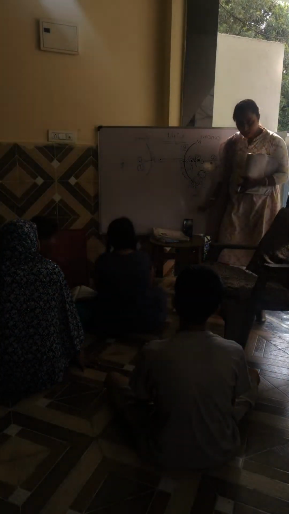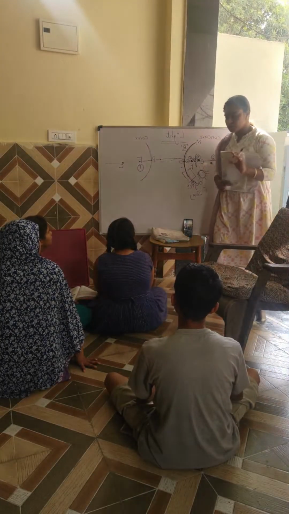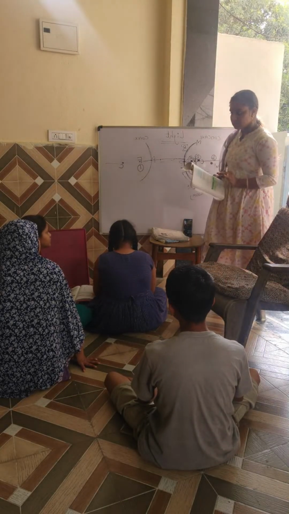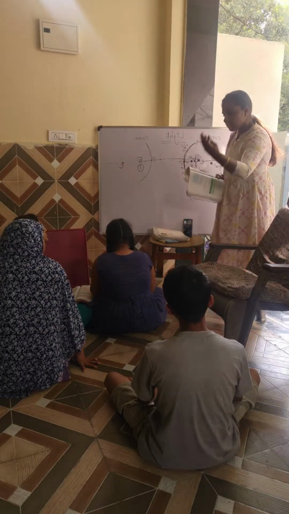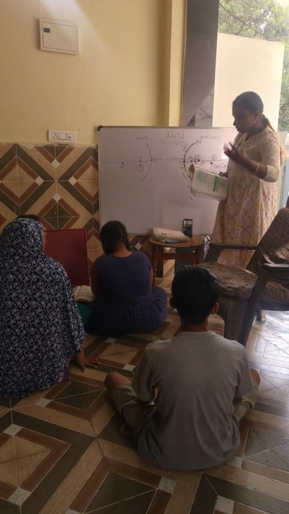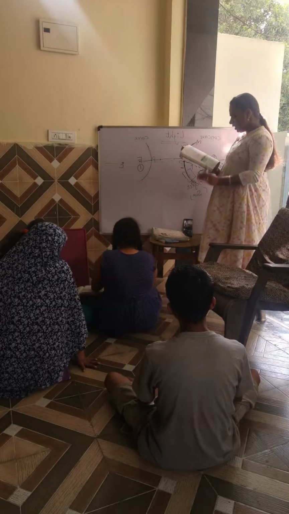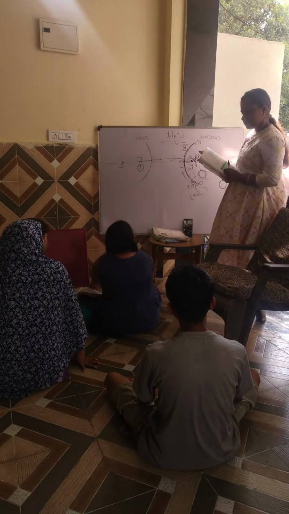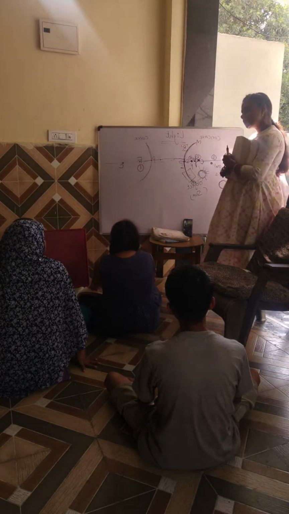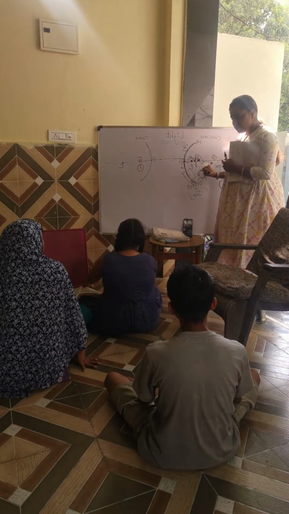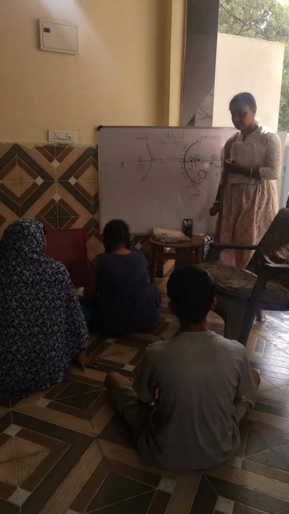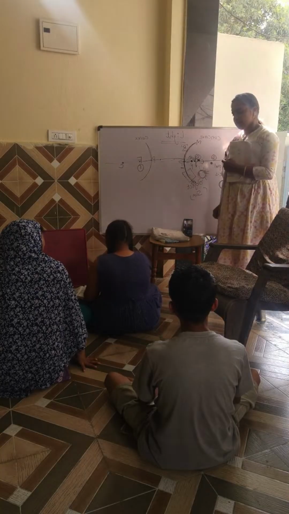Are you clear with this topic? The position is at focus and the position is behind the mirror. The size is highly diminished, point size. Even in the case of convex mirrors it is highly diminished, point size only, right?